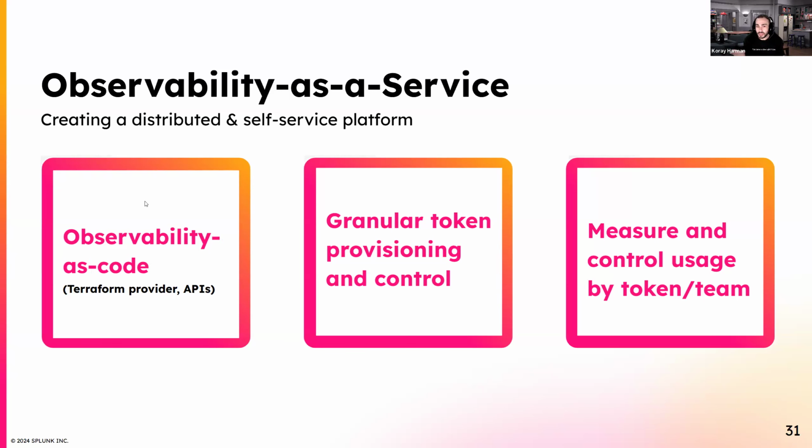There's also really granular token provisioning and controls. So I'd highly recommend to think about what's the right level of segmentation you want to do when it comes to ingest. This can be a great safety net again to say, hey, something's gone wrong with a particular token. The ingest has gone through the roof. There's a bug. Something's happened, right?